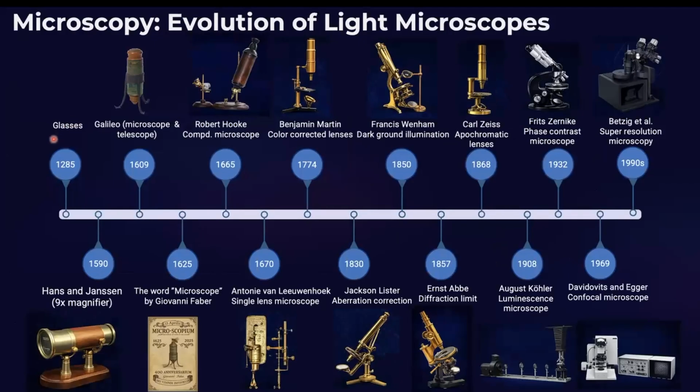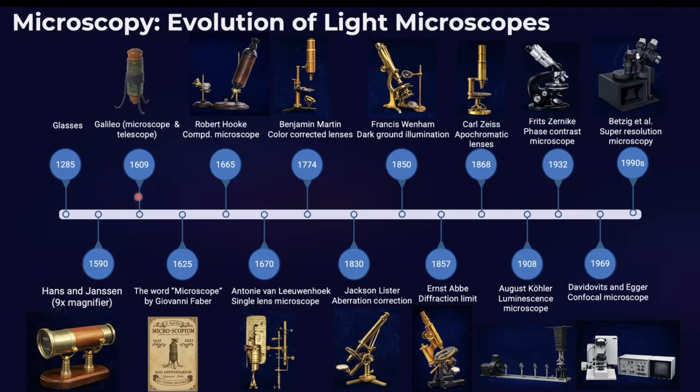The spectacle makers in the Netherlands were using some highly pure glasses and lenses. In 1590, after a couple of centuries, Hans and Janssen developed a single lens microscope, which has a lens which can magnify up to 9 times the original size of the object.